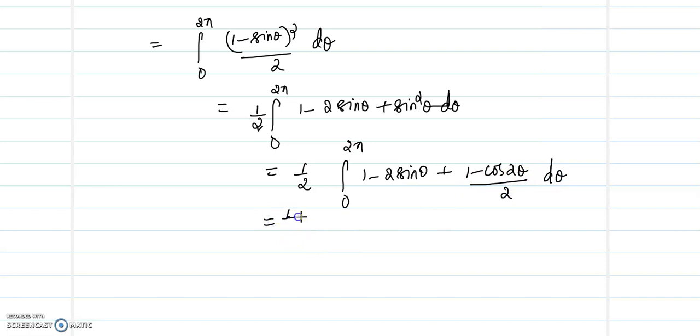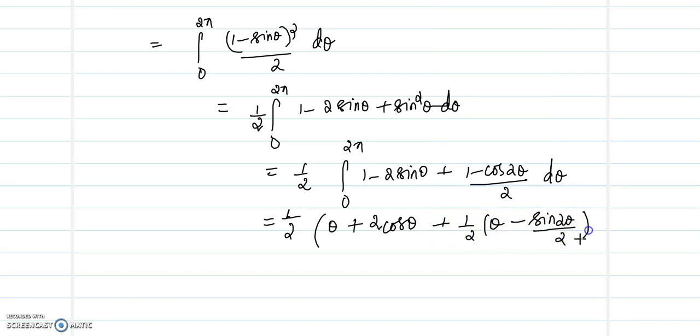So upon integrating, we will get theta plus 2 cos theta, plus 1 by 2 into theta minus sine 2 theta by 2, from 0 to 2 pi. So applying the limits, you will get 2 pi.